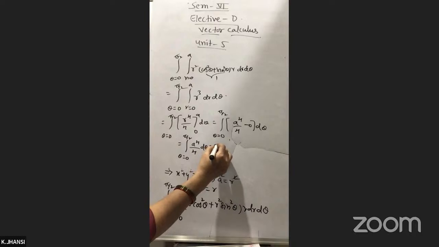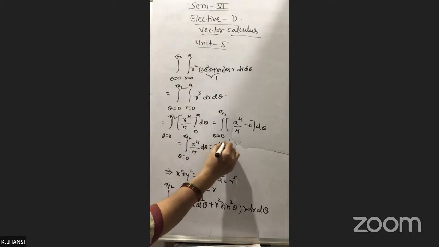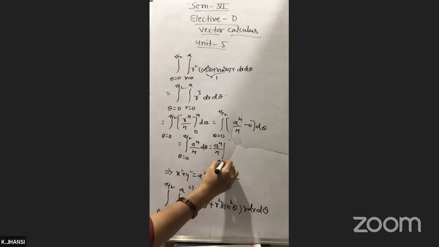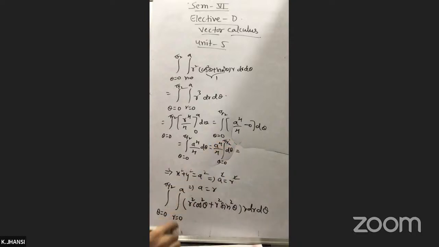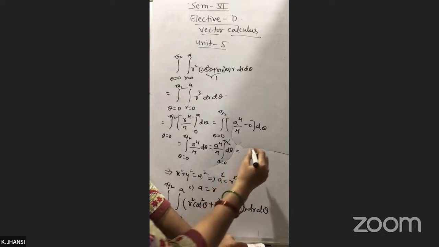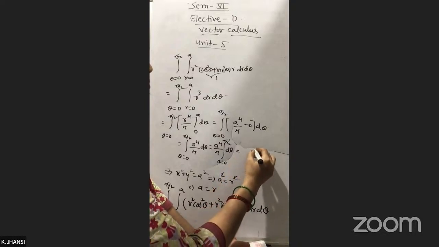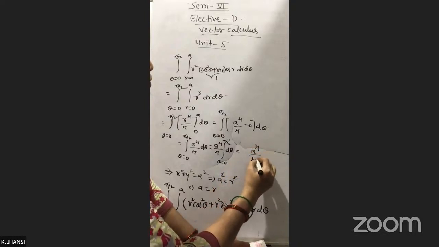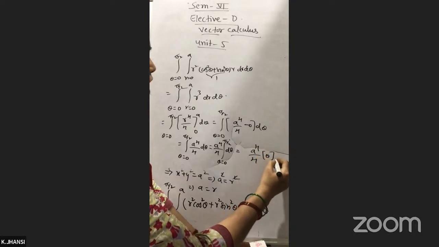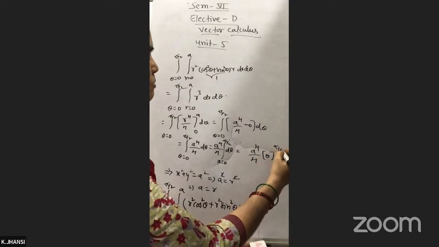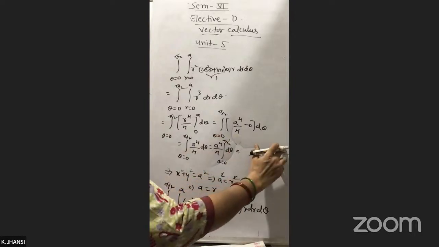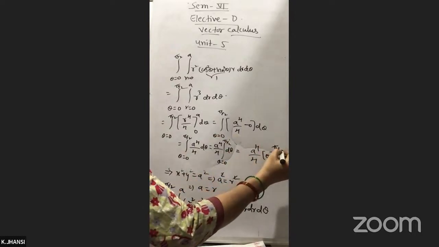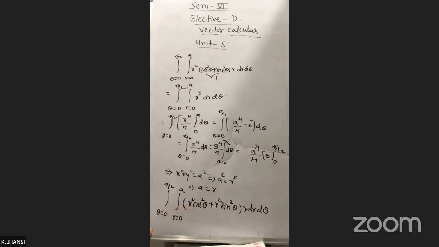So it is equals to a to the power of 4 by 4 into the integral of d theta from 0 to pi by 2. The integration of d theta is theta. So a to the power of 4 by 4 into theta, and the limit values are 0 to pi by 2. Okay. Now we have to substitute the limit values as pi by 2 and also 0. Then you will get the answer for this one.